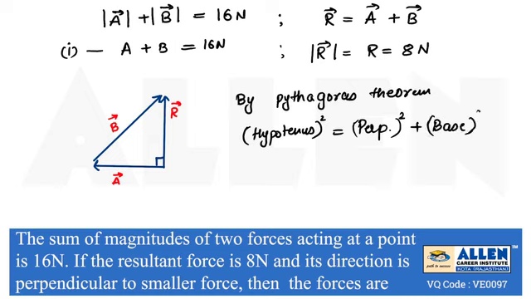According to our data, the hypotenuse is B vector, therefore B square will be equal to R square plus A square, where the perpendicular is R vector and the base is A vector.